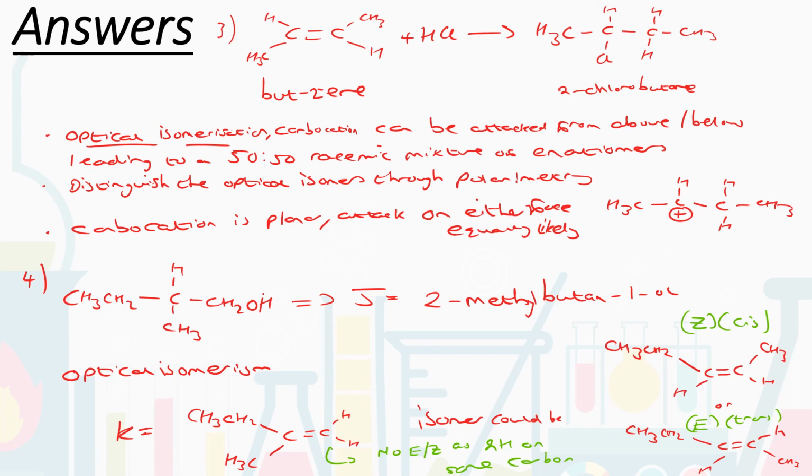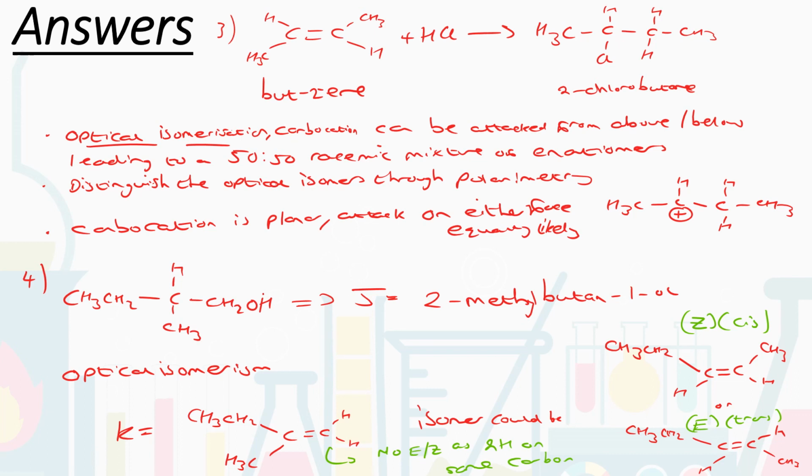Second question then was to say that compound J exists as stereoisomers. Name the type of stereoisomerism. This is optical isomerism. Remember that stereoisomerism is either EZ isomerism, which we find in alkenes, or it is this optical isomerism, which we see if we have 4 different groups attached. So for EZ isomerism, an example of this would be the butene at the top.